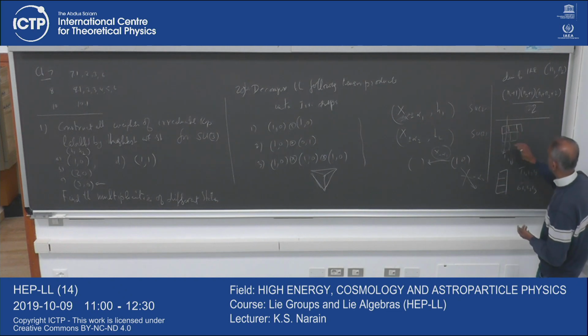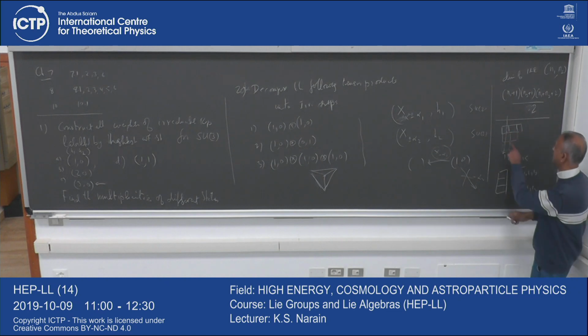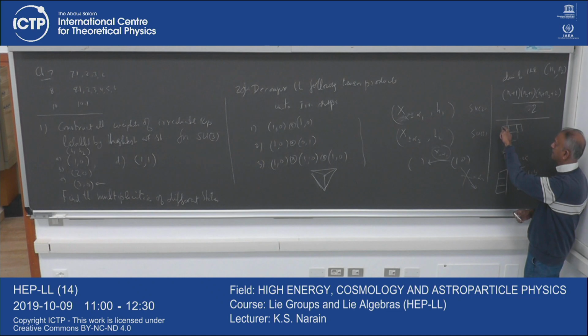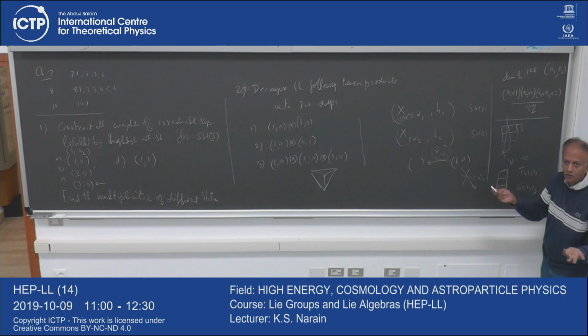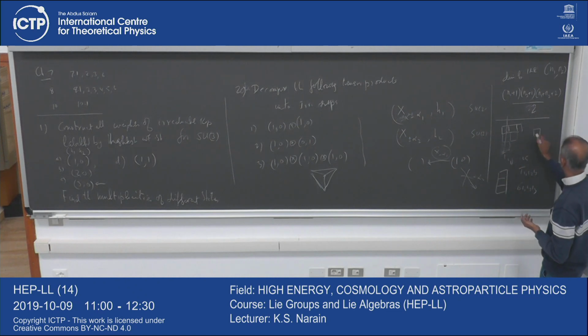There's a convention that the upper row should have at least as many boxes as the lower row, so as not to overcount. You don't put diagrams like that.